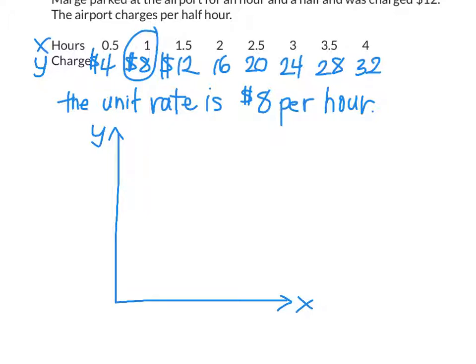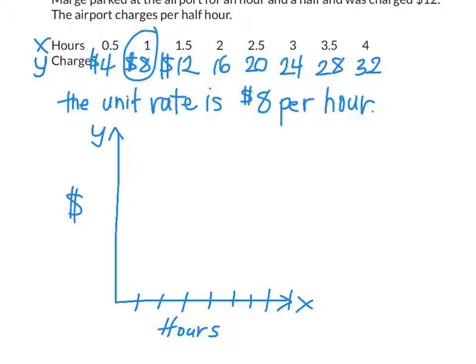So we know that the number of hours, or the time in hours, will be the x, and the charge will be the y, or we can just put the money. And so then what to count by? Well, in the hours I only need to get up to 4. So I can go a half, 1, a half, 2, a half, 3, a half, 4. Ooh, I barely got it on there.